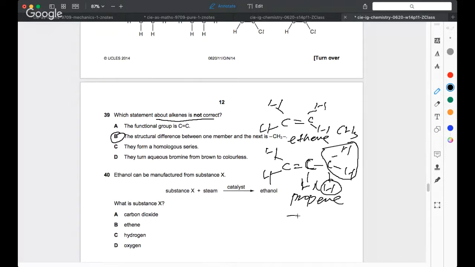So overall, you are adding a CH2 unit, not a CH3. So B is not correct.